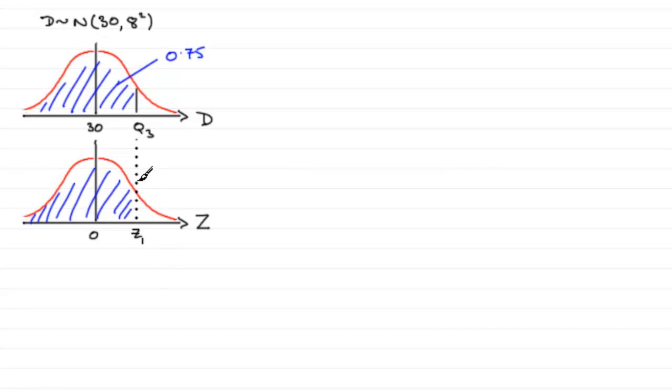So, what we know is that the probability of Z being less than Z1 is going to be 3/4 or 0.75. So this is very useful to us, as you'll see as the question develops. But what about Z1? How can we relate it back to Q3?